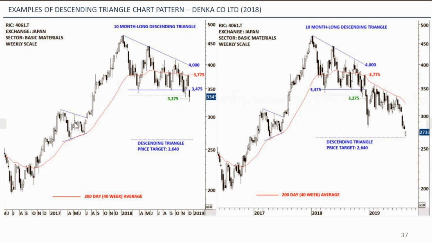For example, being able to find a symmetrical triangle consolidating above the 200-day moving average can only happen if you're looking at so many charts at the same time. Obviously this will need a little bit of time, but it is worthwhile to go through different setups, different chart patterns, or different markets that are not correlated as well. So the breakdown takes place, pullback, continuation to the price target.